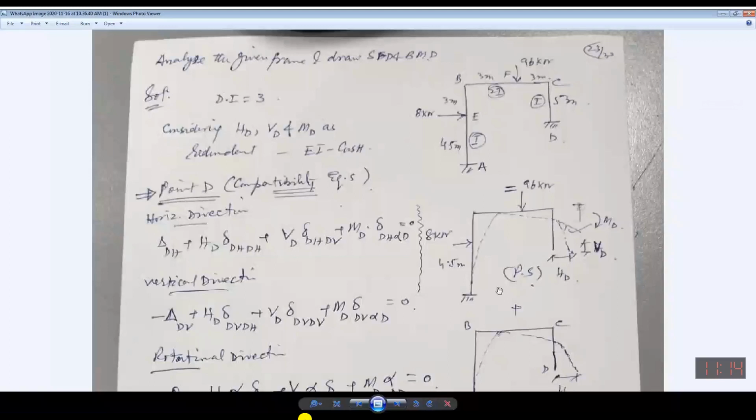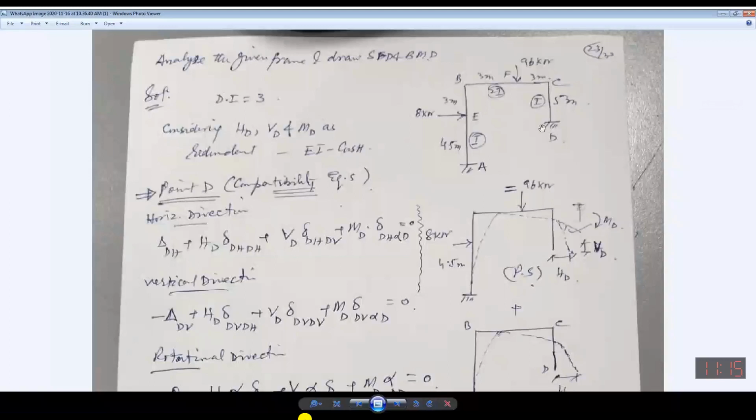Now we will be considering the deformation or the displacements in the same directions in which we have considered the redundant forces. I have considered horizontal force as redundant, so I will be considering the displacement in the horizontal direction. Vertical force as redundant, so vertical displacement.